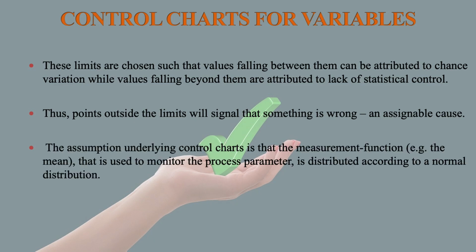The assumption underlying control charts is that the measurement function, that is the mean, for example, that is used to monitor the process parameter is distributed according to a normal distribution. This is evident from the central limit theorem.